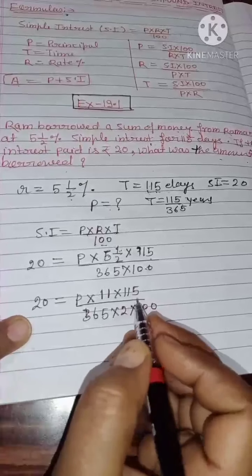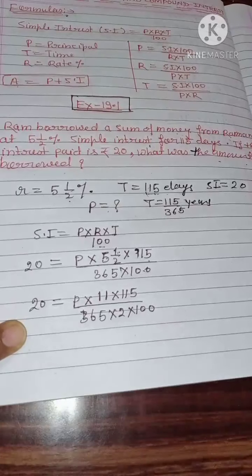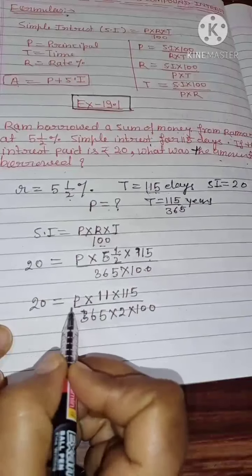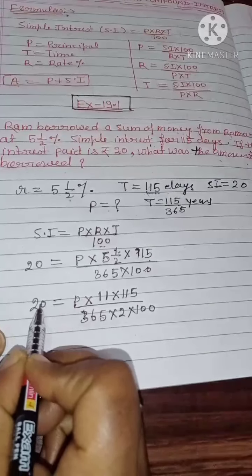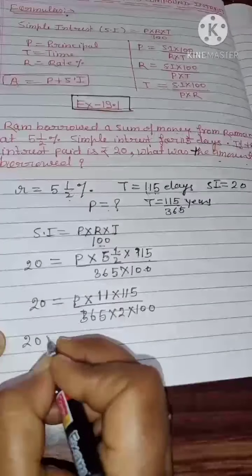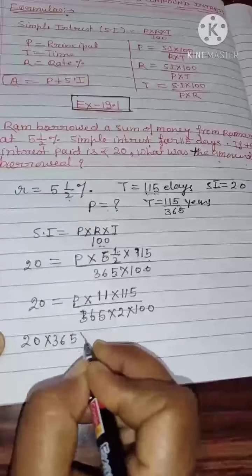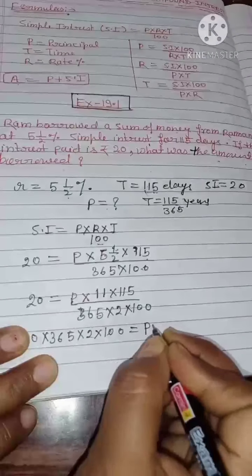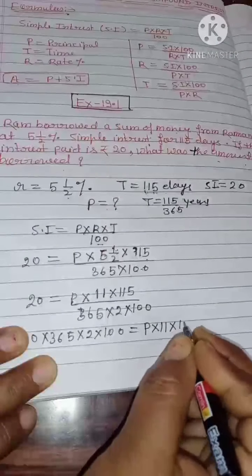Now see that we are going to cancel it. Now see, beta, we have to find P. So these will go here in multiplication. So 20 into 365 into 2 into 100 is equal to P into 11 into 115.